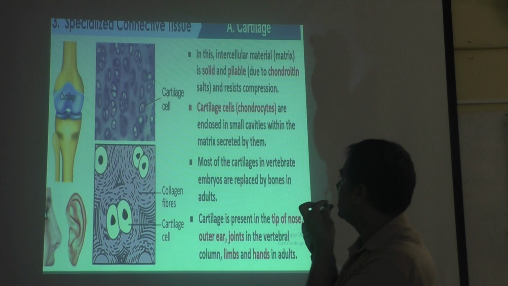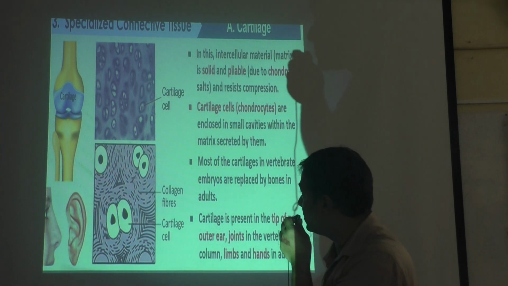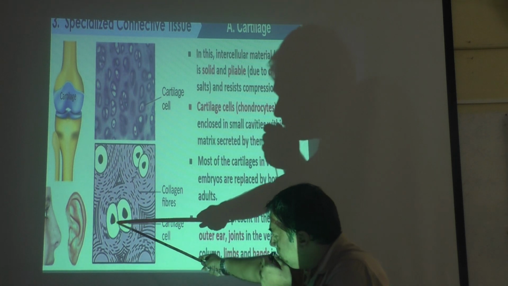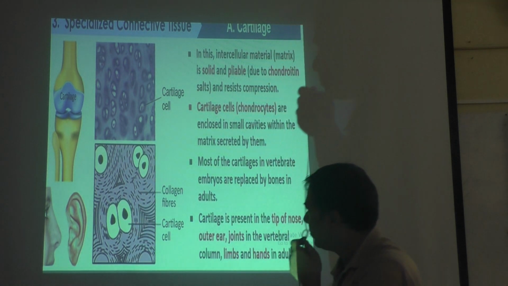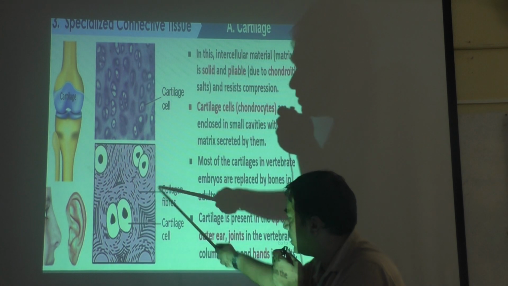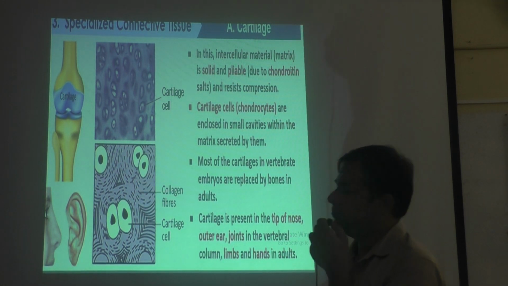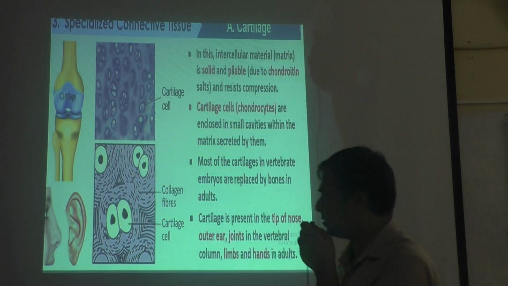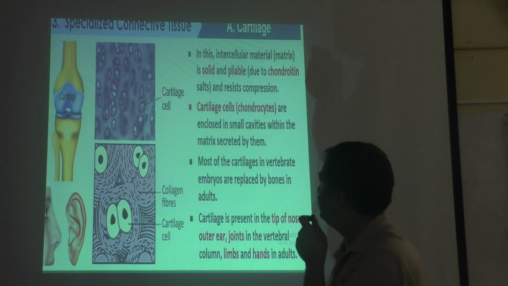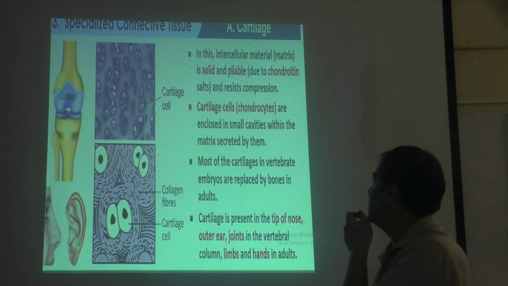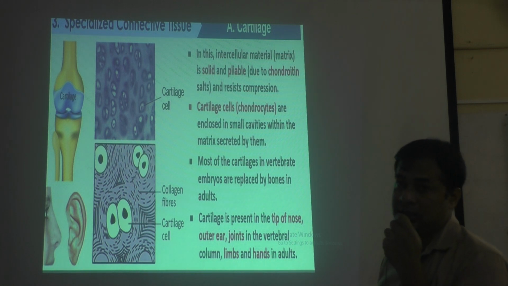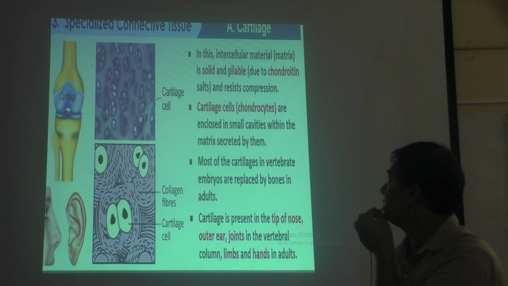You can see a cartilage cell also shown here. The white colored structures you see are cartilage cells, and the thread-like structure you see is collagen fibers. The intercellular material, meaning the matter in between collagen fibers, is called the matrix.